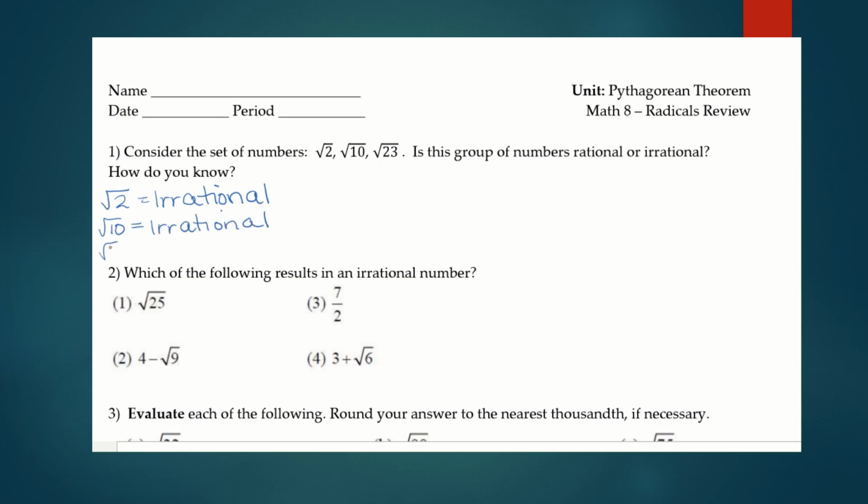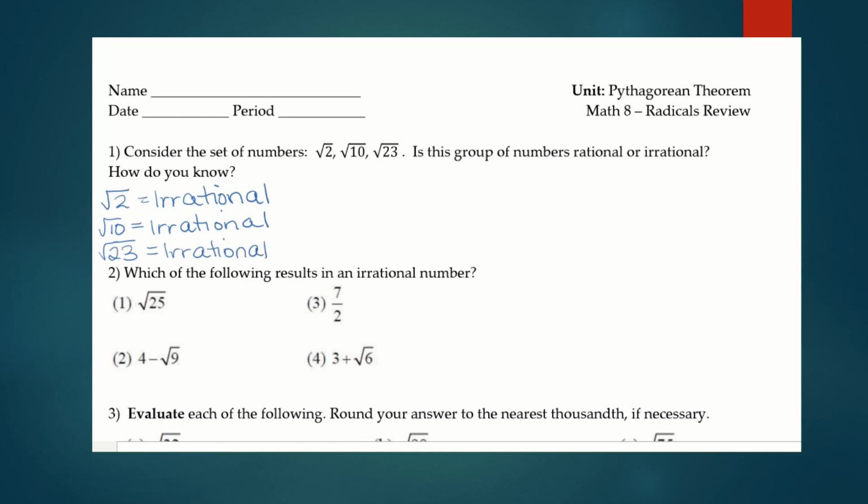Last but not least, if I plug in the square root of 23, I get 4.795831523. Again, that is a decimal that doesn't end and doesn't repeat, so this is irrational as well.